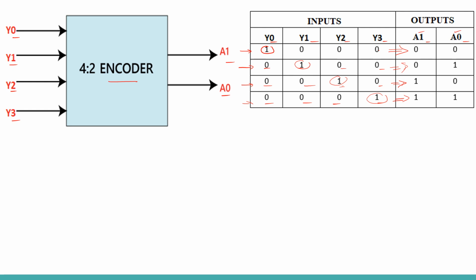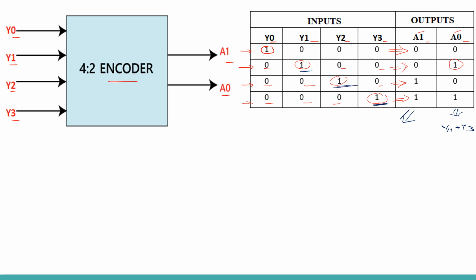Now observe, A0 is active high for input Y1 and input Y3. So therefore from here A0 is simply Y1 plus Y3. Next, similarly, A1 is active high for Y2 and Y3.